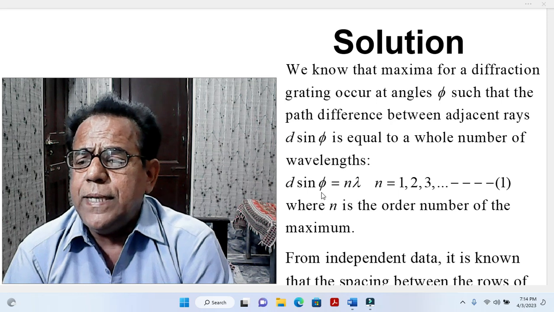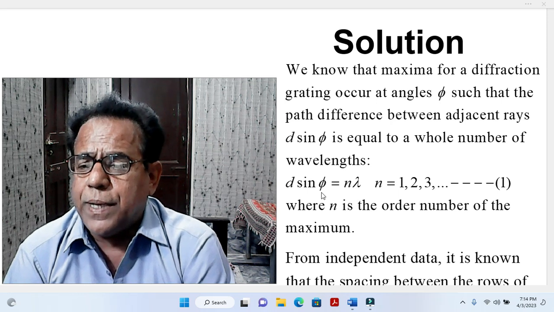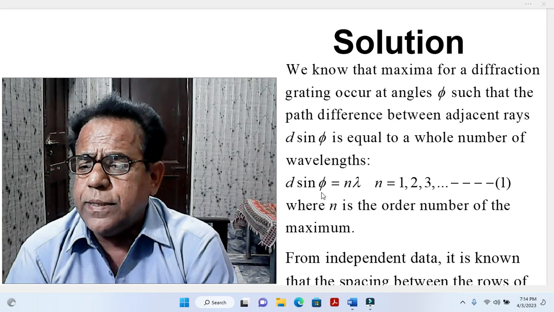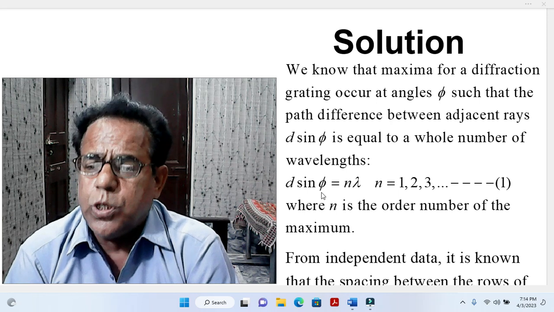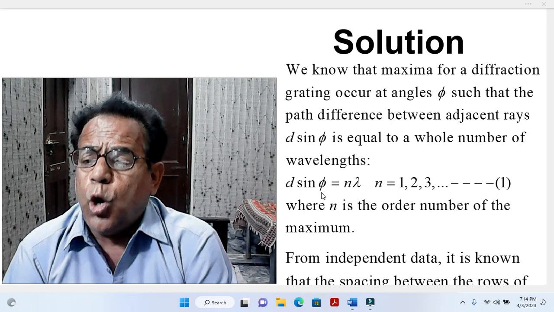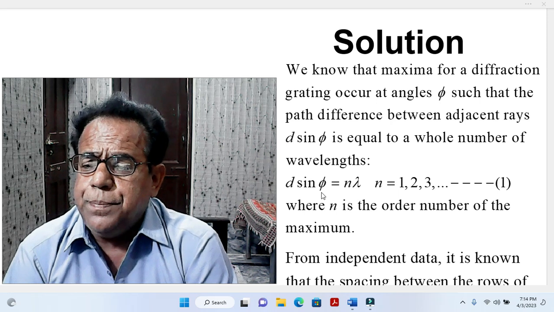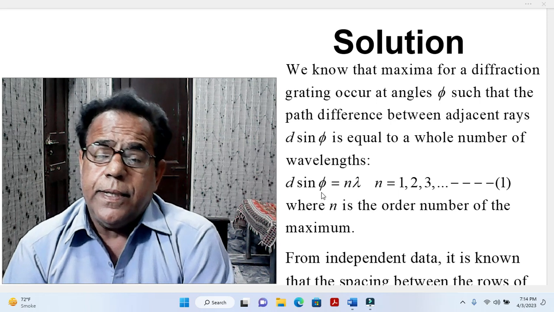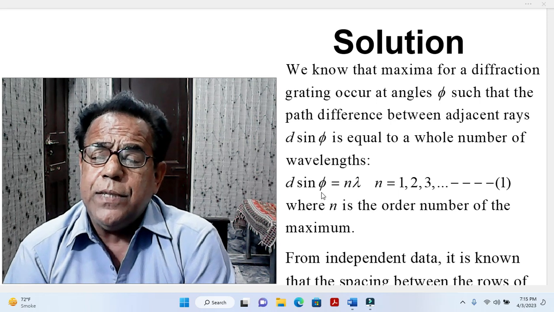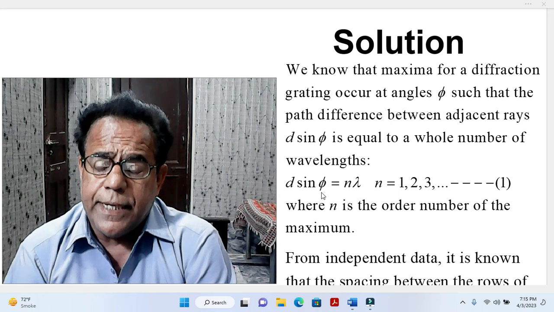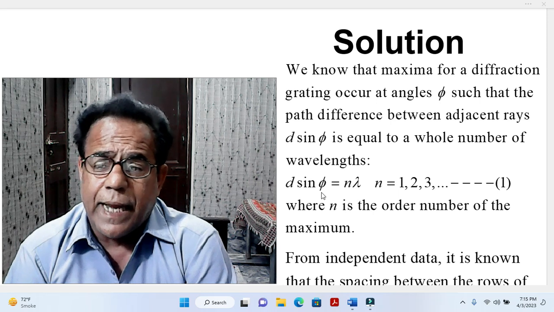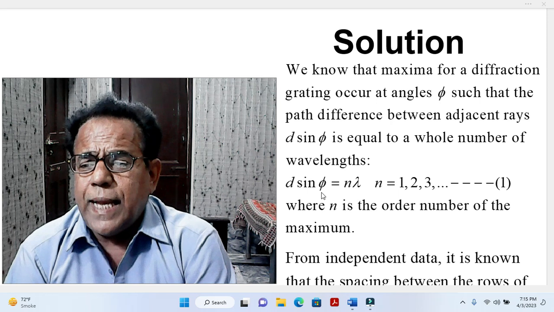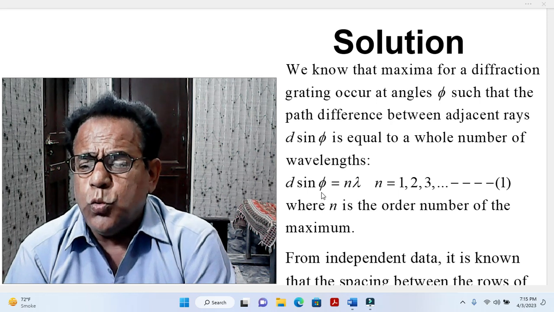D sine phi is equal to n lambda, where n is equal to 1 2 3 and so on. This is equation number 1, where n is the order number of the maximum. Dear students, here we will use n equal to 2 because in this statement it is given that second order beam. Second order means n equal to 2.